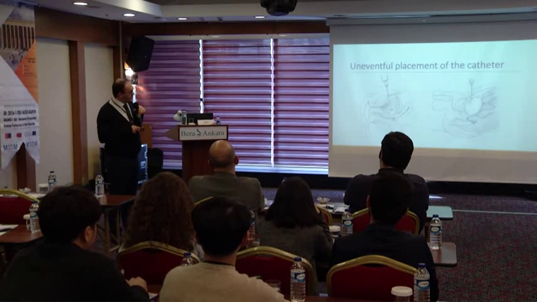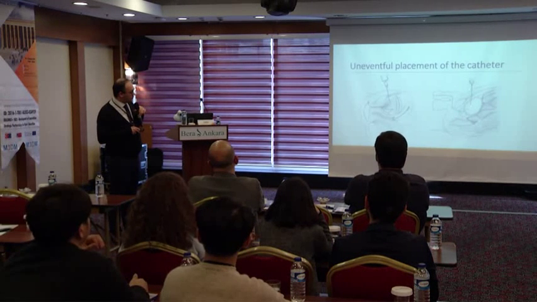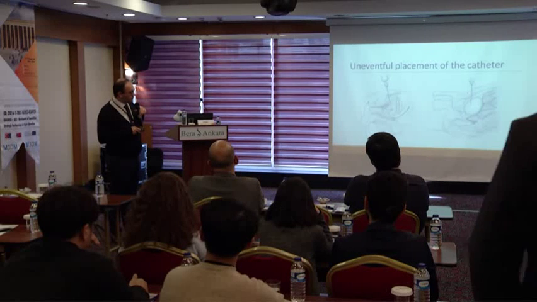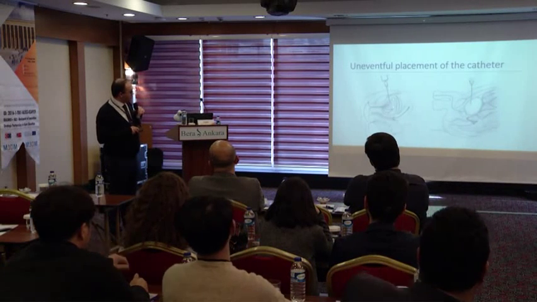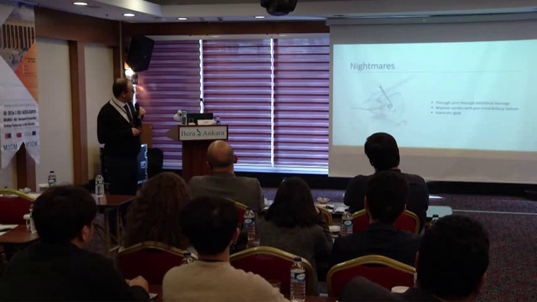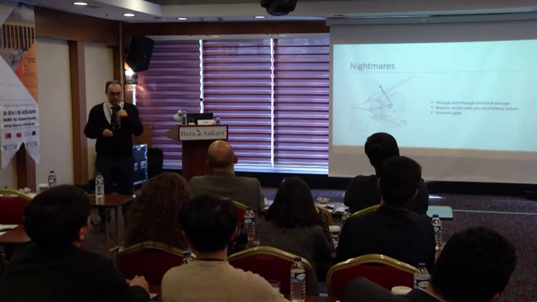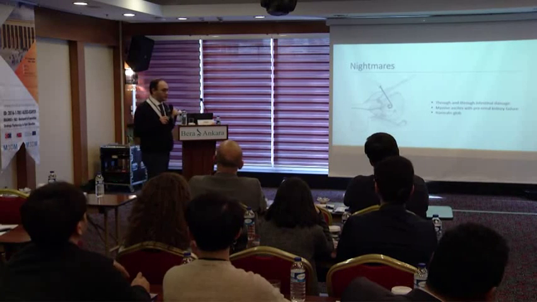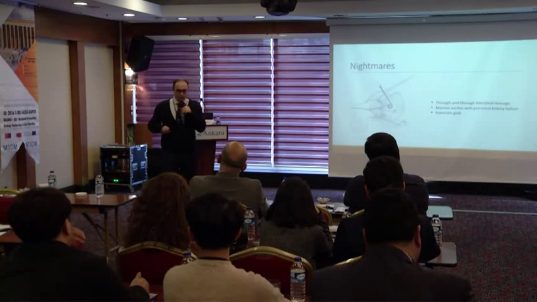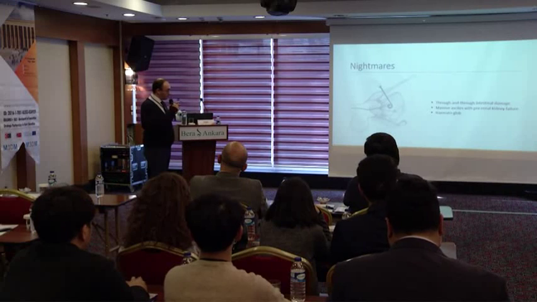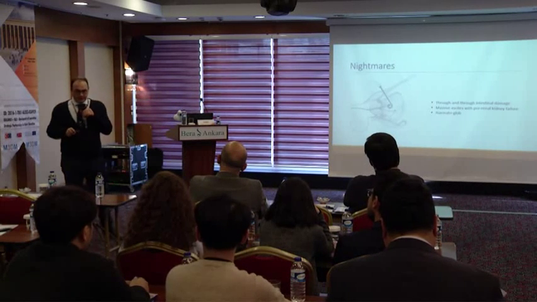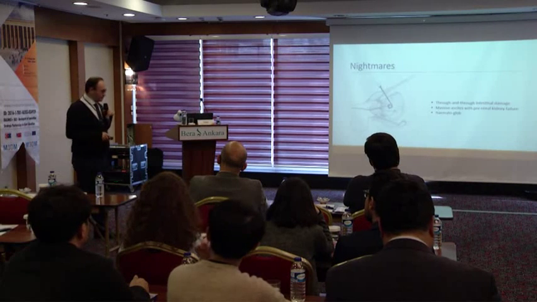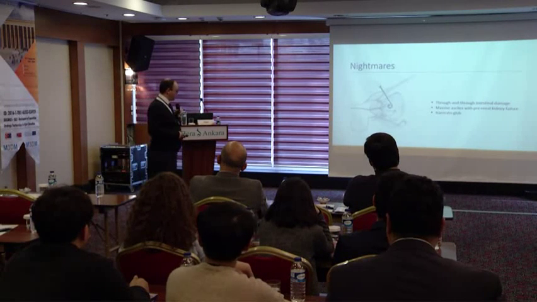And an enlarged bladder gives you a beautiful window between the anterior abdominal wall, as you see from here. But we have nightmares. These are not pitfalls, these are nightmares. Because if you see these nightmares, then you have to come to the hospital, and all night will be spent on the patient's side.